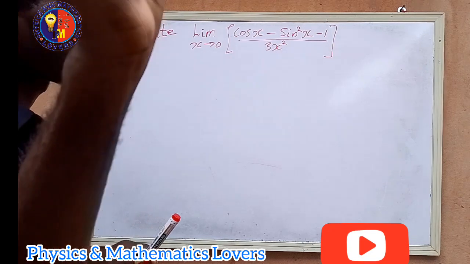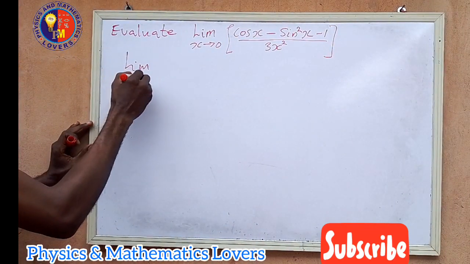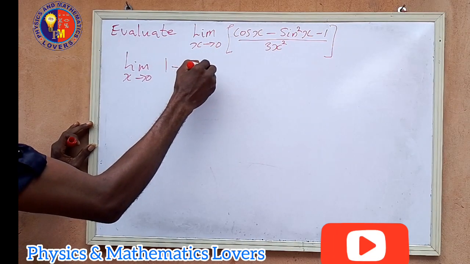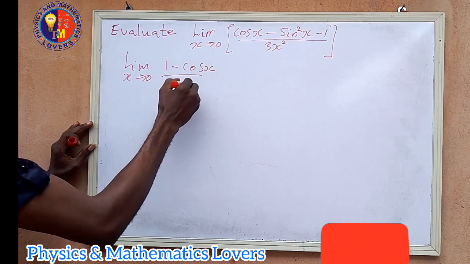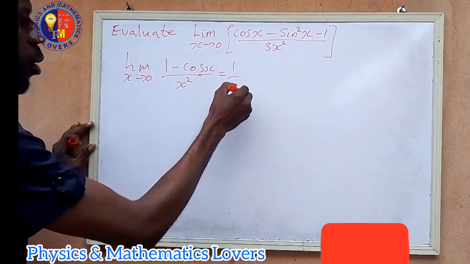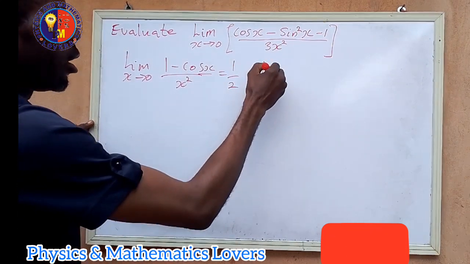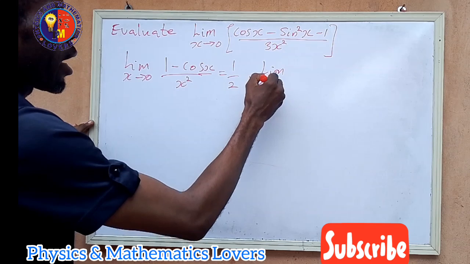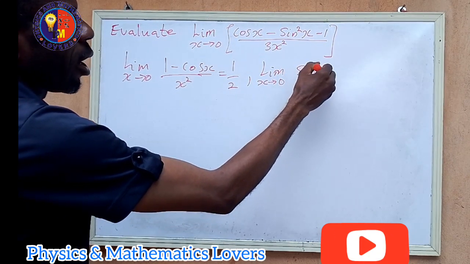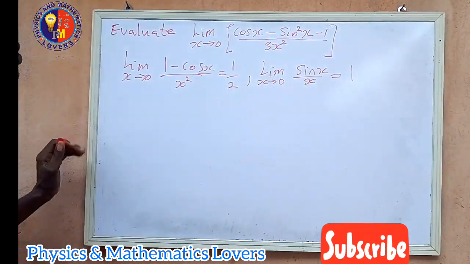But before I do that, I want you to recall, if I have the limit as x tends to 0 of (1 minus cos x) all over x squared, this kind of limit is going to give you half. So have that at the back of your mind. Then also, if you have the limit as x tends to 0 of sine x over x, this is going to give us 1.